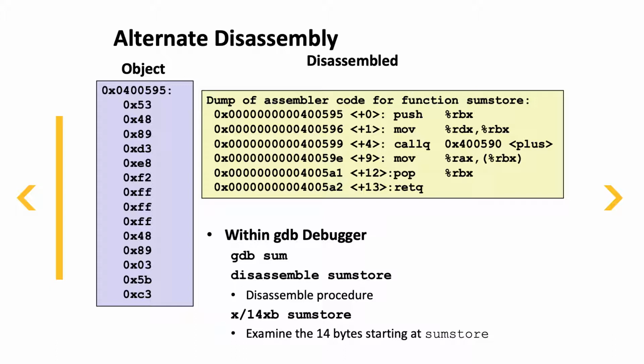Another thing that I really recommend you do yourself, just to get a look at how this works, is we can use GDB to do something called disassembly. We can start up GDB on our executable, and disassemble that procedure called sumstore. Then we can examine the 14 bytes starting at sumstore. In the object code we just have that hex, and we can go ahead and disassemble that.